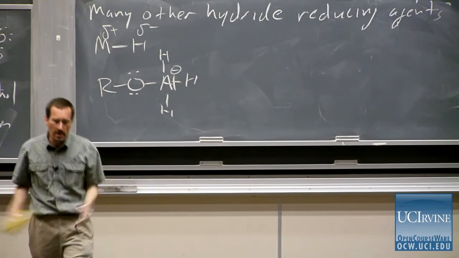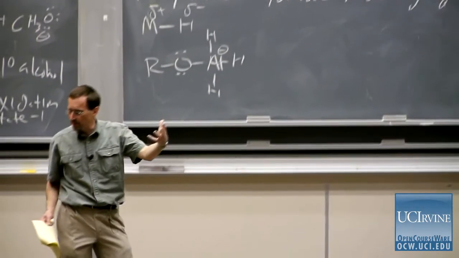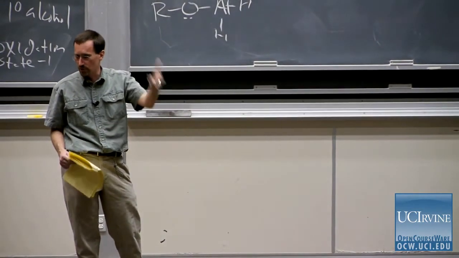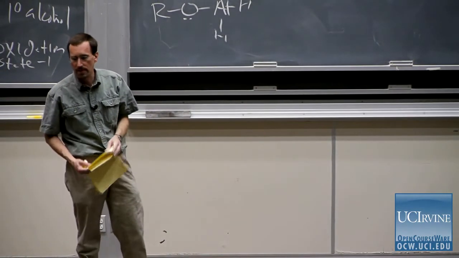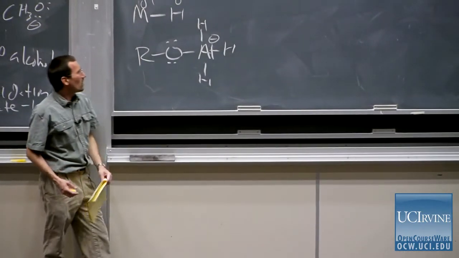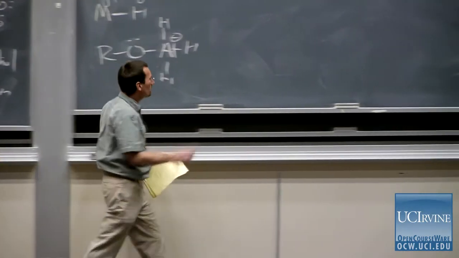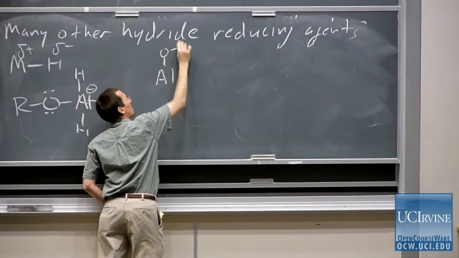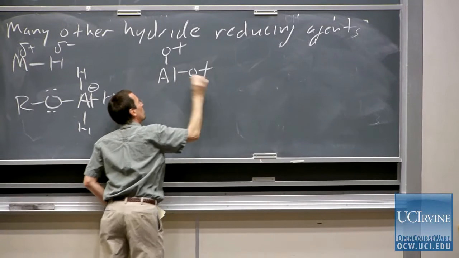That is why you may use only 1 mole of lithium aluminum hydride for 2 moles or 3 moles, up to 4 moles, although typically you wouldn't, of your electrophile, of your carbonyl compound.